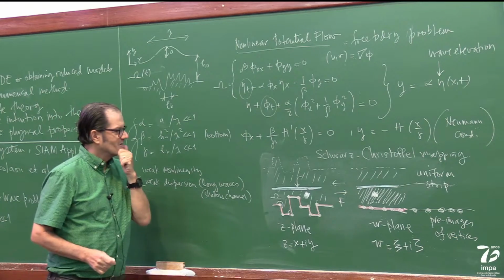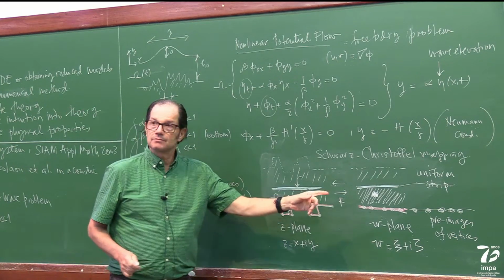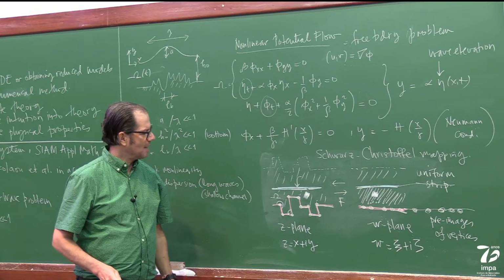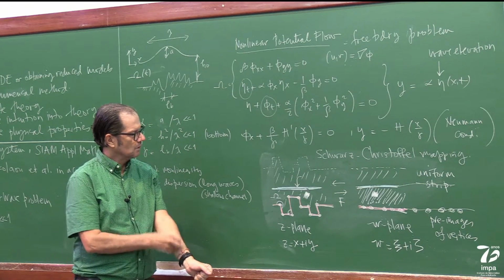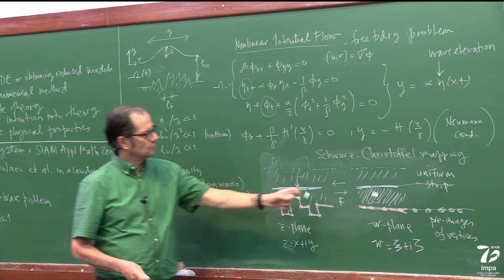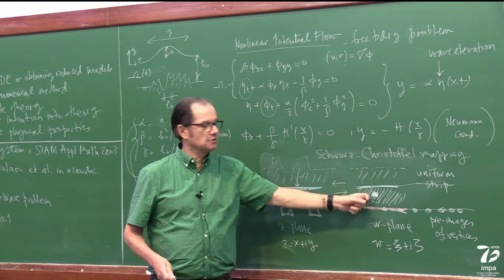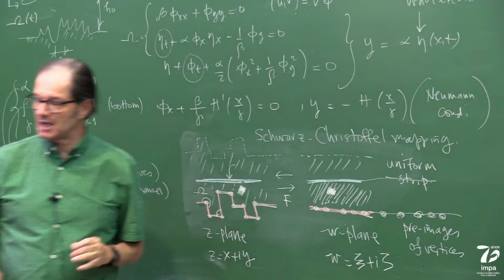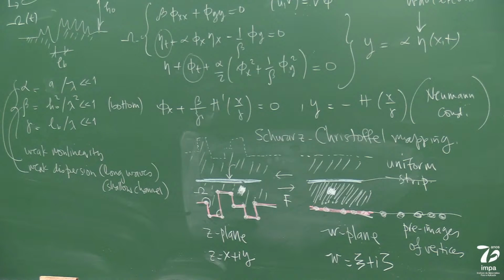All right, so if I have this mapping, I then can do my asymptotics for these equations here and come back. So let me sketch this for you, okay? All right.